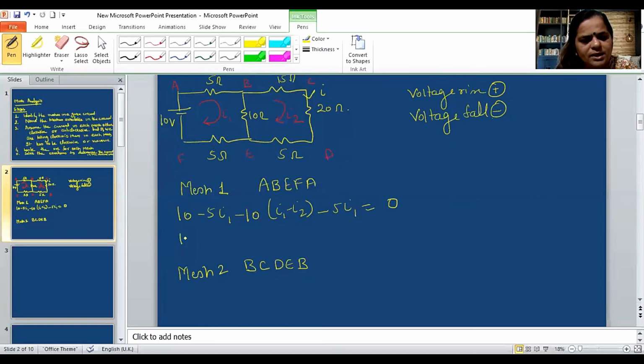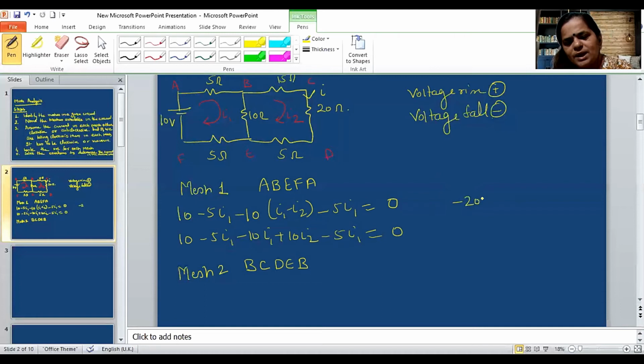If you solve it, that is 10 minus 5 I1 minus 10 I1 plus 10 I2 minus 5 I1, that is equal to 0. So what is the final equation? 5 I1, 10 I1, 15 I1. So minus 20 I1 plus 10 I2 plus 10, that is equal to 0.